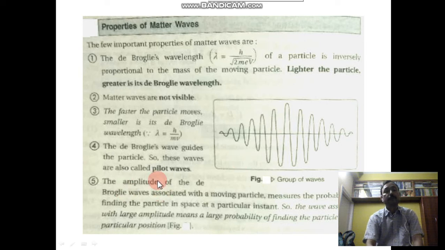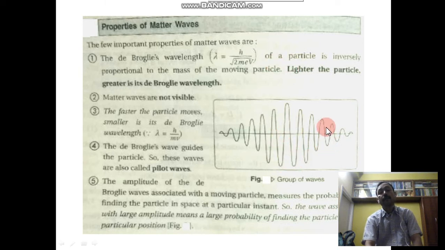Number 5, the amplitude of the de Broglie waves associated with a moving particle measures the probability of finding the particle in space at a particular instant. So the wave associated with the large amplitude means large probability of finding the particle at that particular position.